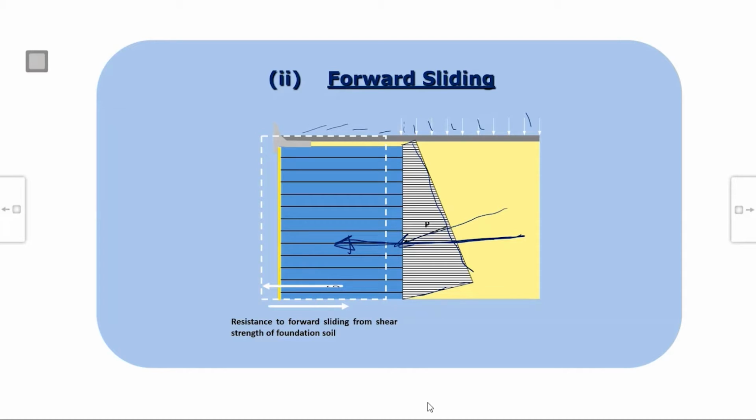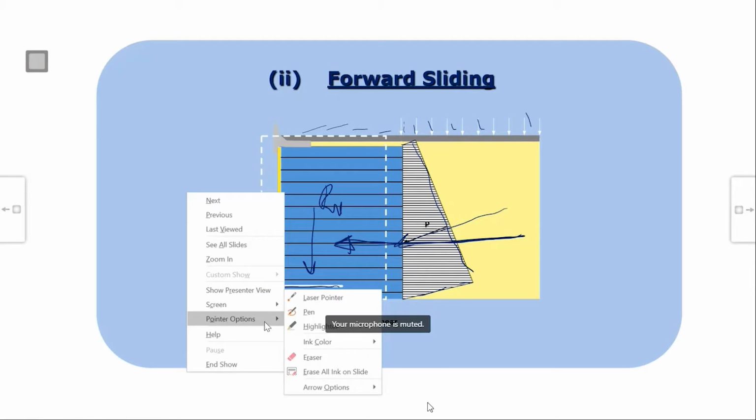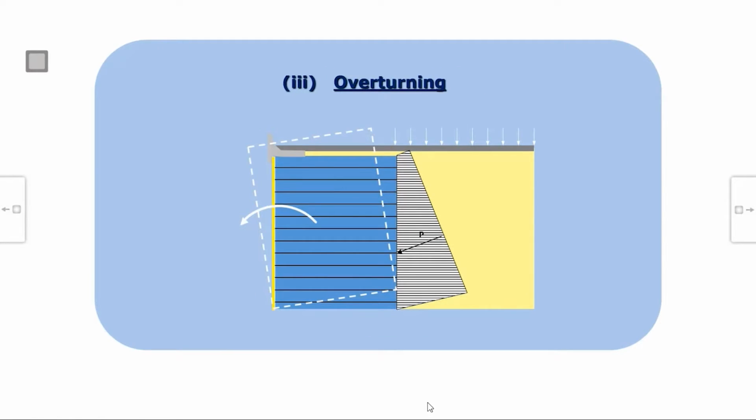This will be the horizontal force which will be acting here, and because of shear strength of foundation and depending on this vertical load, there will be resistance to this. So the ratio of resistance divided by this will give you the factor of safety against forward sliding, and we calculate that to get the required factor of safety. So this is the check against forward sliding.